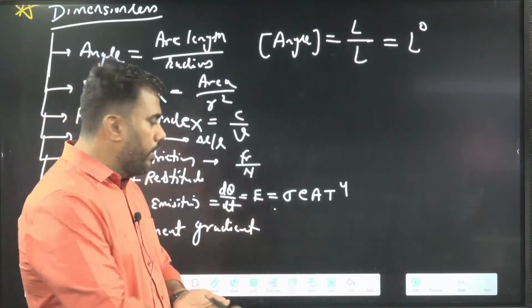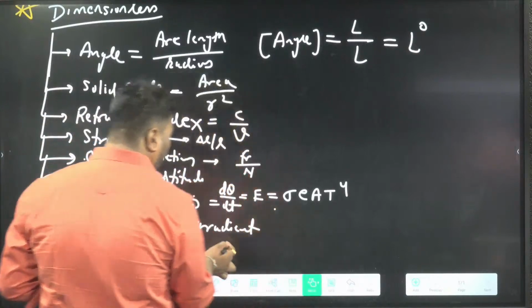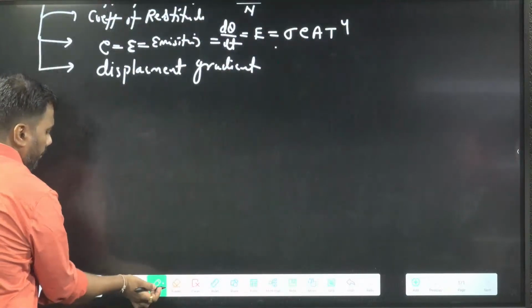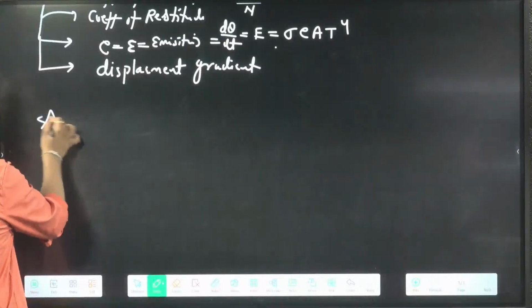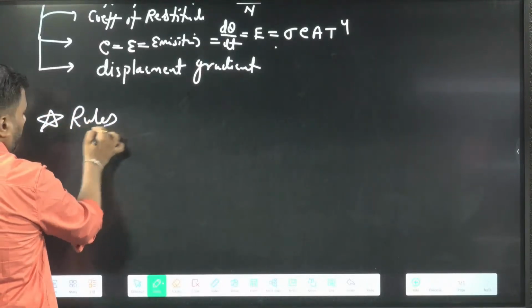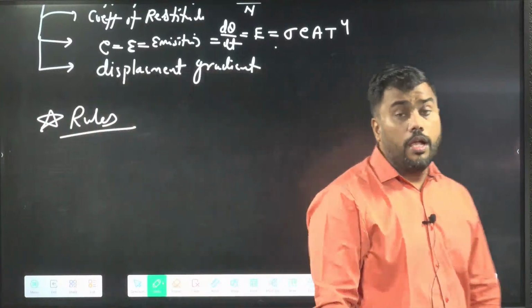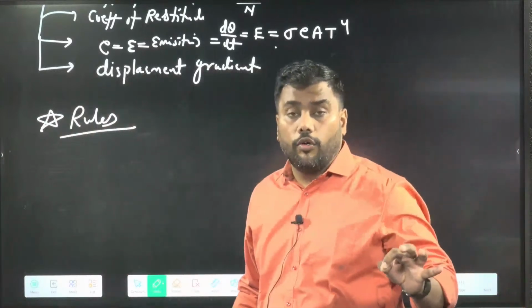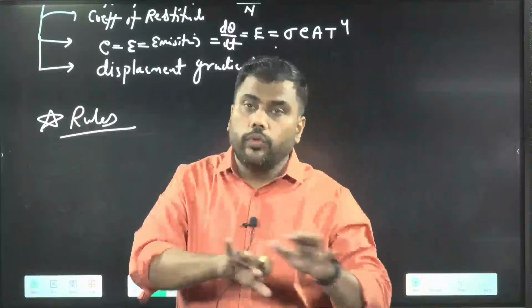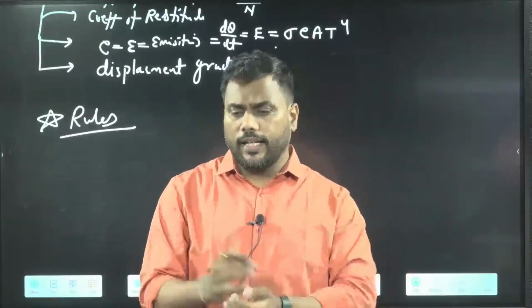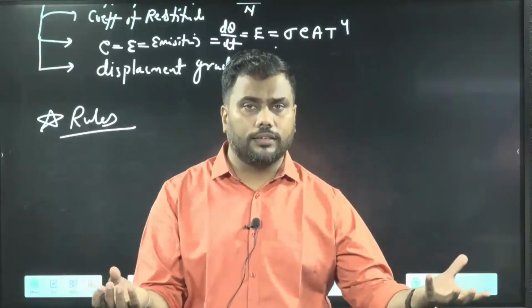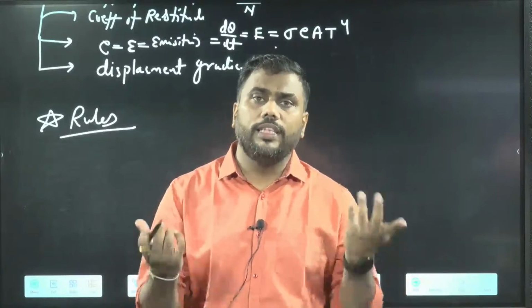Okay, very good. Now we will write some rules of dimensions. There is no meaning in equating or adding two different physical quantities. I cannot add volume with mass. Volume with mass is a meaningless thing.